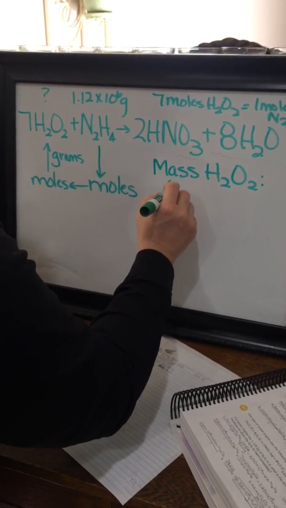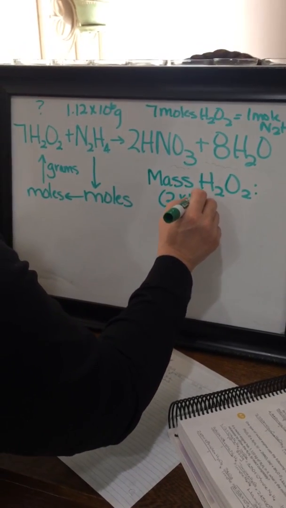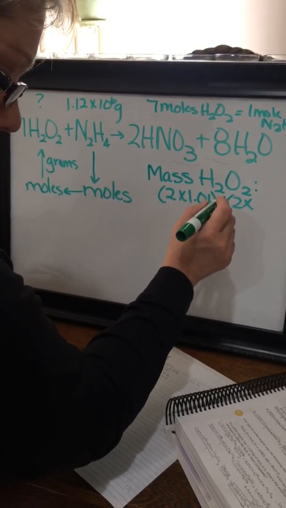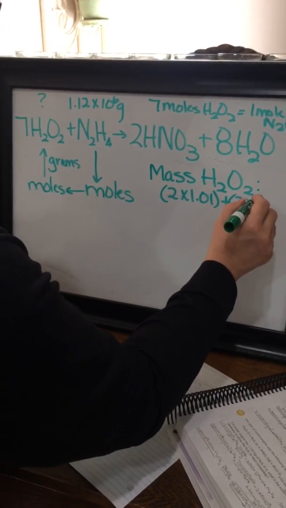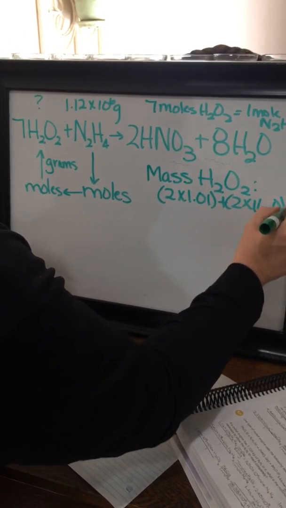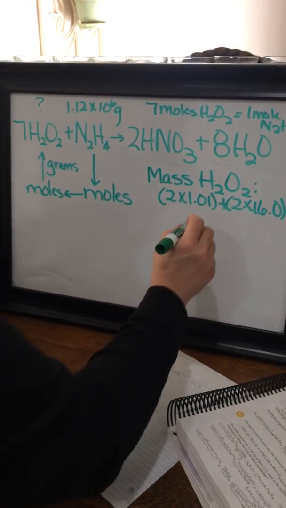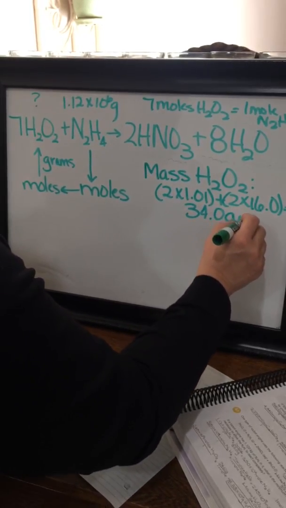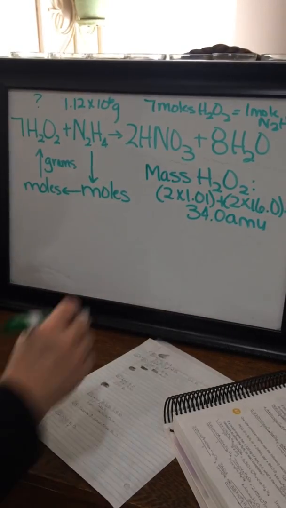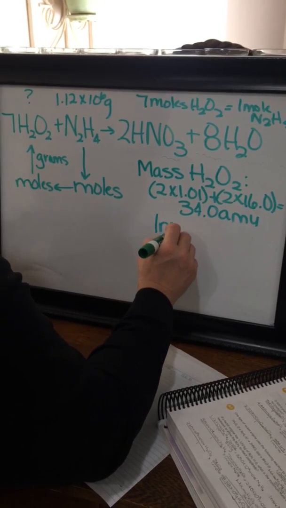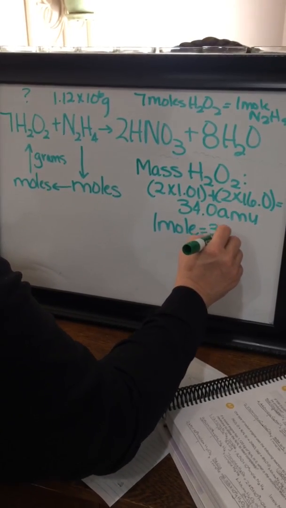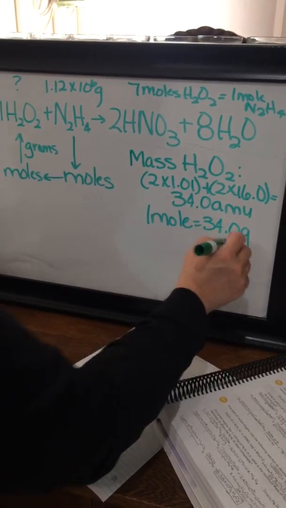Okay, so we have 2 times the mass of hydrogen plus 2 times the mass of oxygen, 16. Your answer should be 34.0 amu, which, what does that mean? That means 1 mole of H2O2 is equal to 34.0 grams of that.